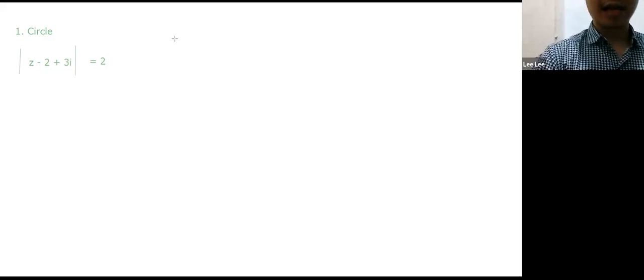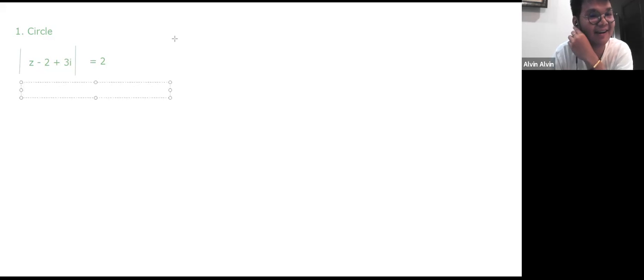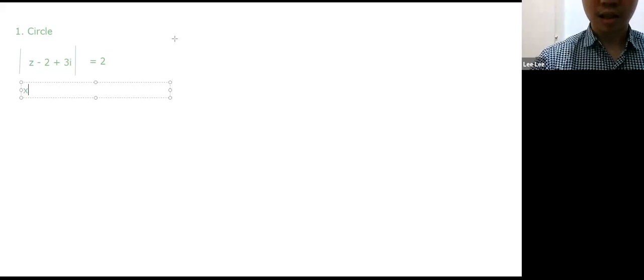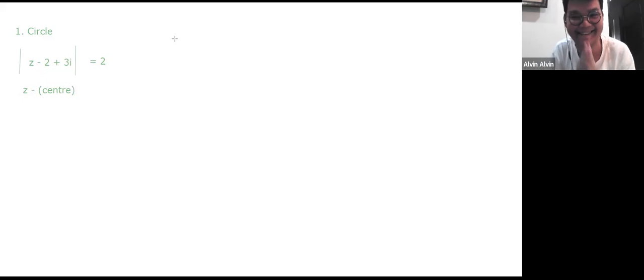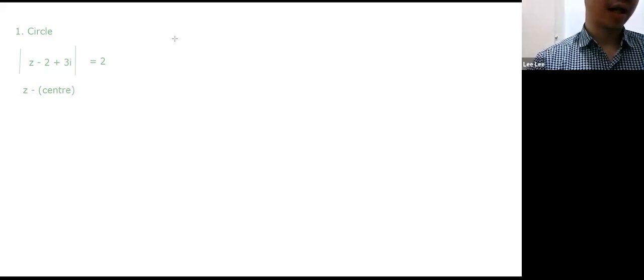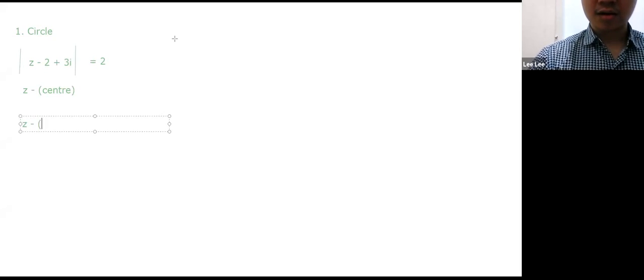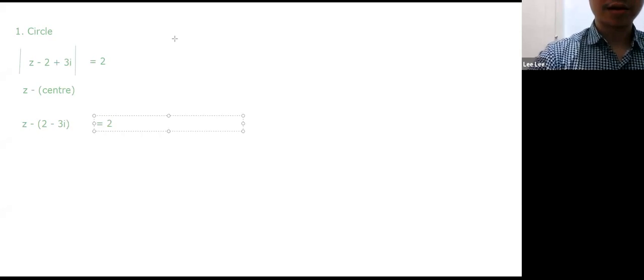Now our first step: you have to tell the negative sign first, and it will be the center. So I flip the negative sign first, it becomes z minus 2 minus 3i equals 2.